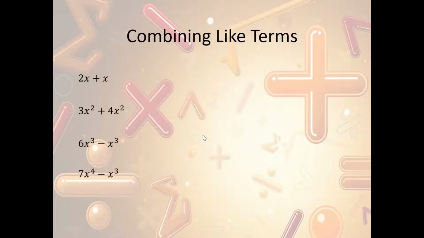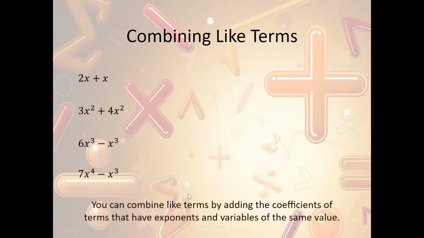Now combining like terms, the rule is, in order to combine like terms, they have to have the same exponents and same variables. And if they do, we're going to add the coefficients. So for instance, we have 2x and x. Well, they're both x's, so they have the same variables, and they have the same power, same exponent.